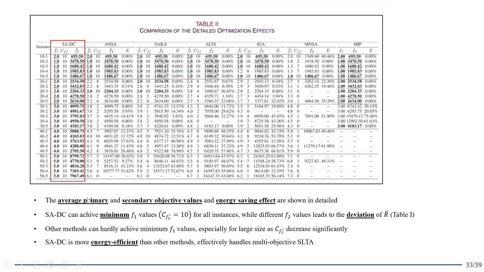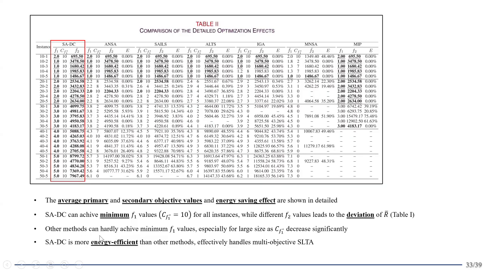Then we compare the average primary and secondary objective values, the energy saving effect of SADC versus the others. We see that SADC can achieve minimum F1 for all the instances, and the number of times it achieved the minimum F1 is 10 out of 10, while different F2 values also lead to the deviation of ranking in table 1.